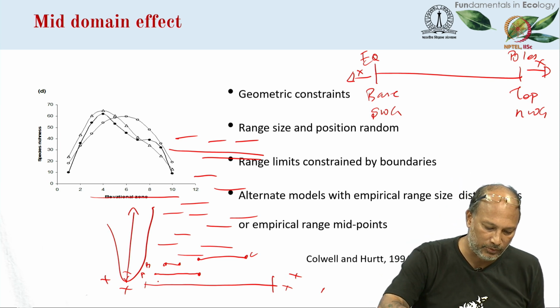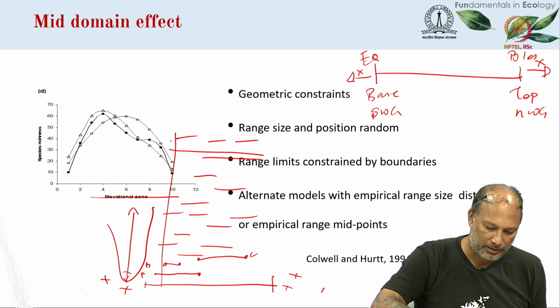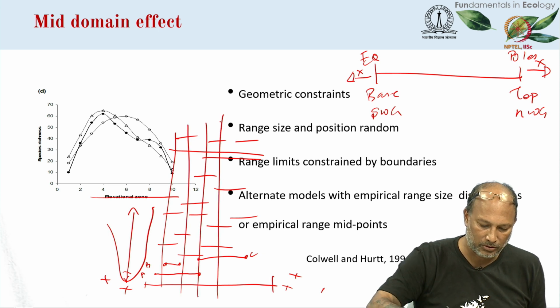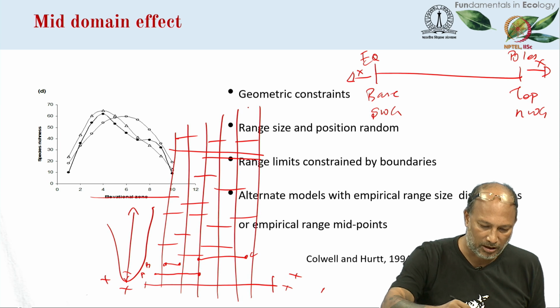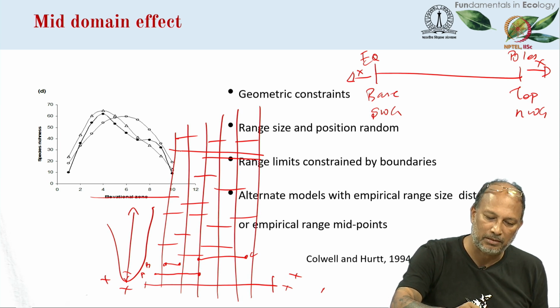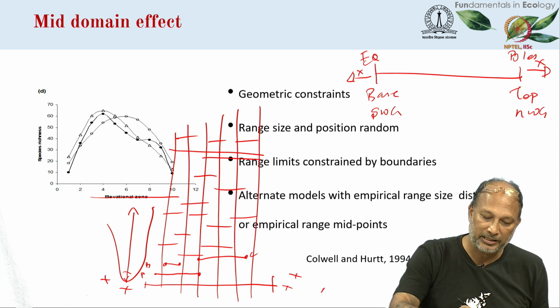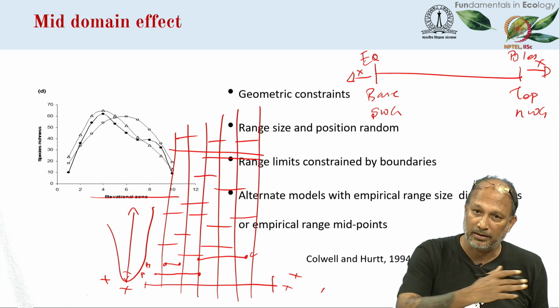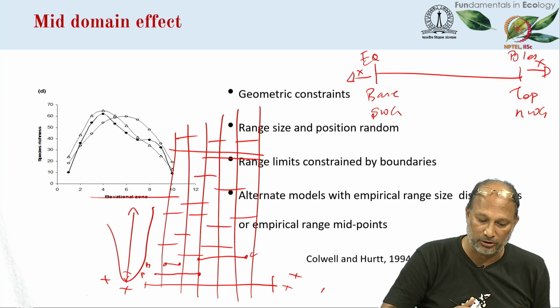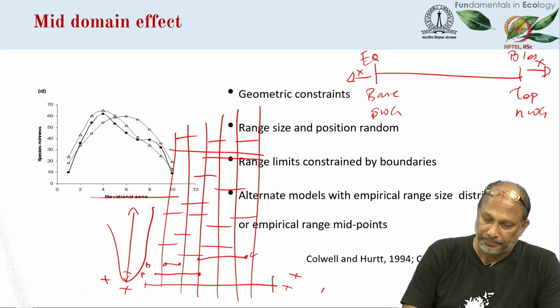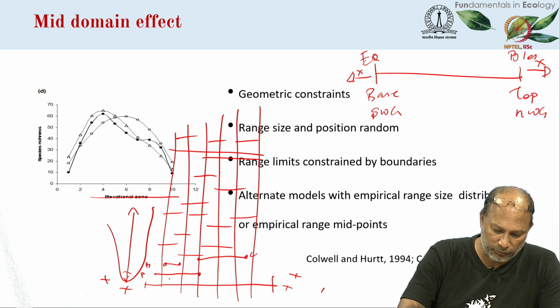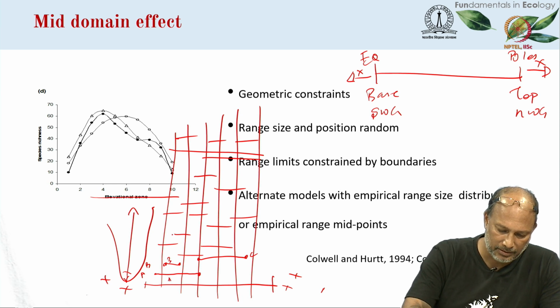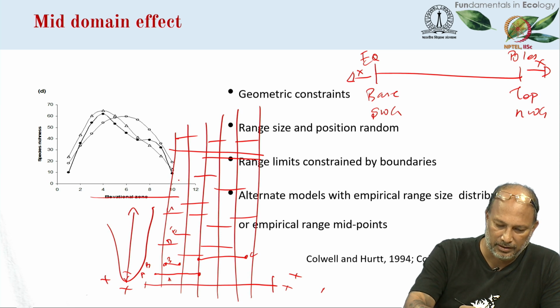And what they then did was they said, if I total up the species found in each of these zones or bins, so now I'm just going to add up the number of species whose ranges overlap this particular zone. And so for this it would be A, B, whichever one this was, D, E, G, and so on.